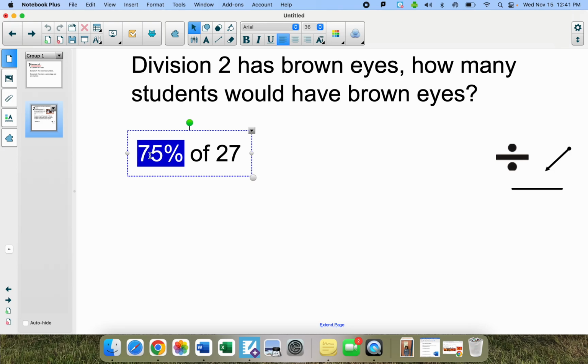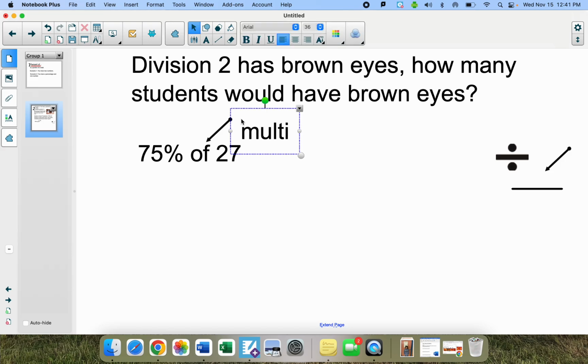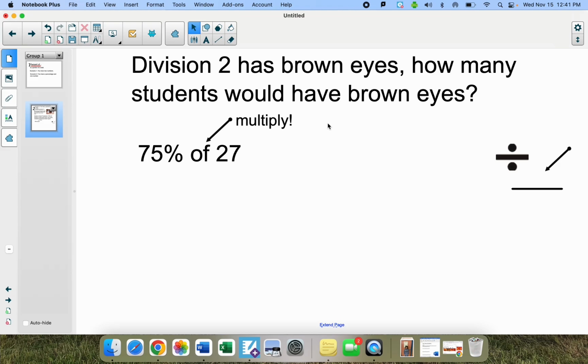You're going to have to turn that into a decimal. Number two, the word of in math means multiply. So I'll just have that as a little side note. So if you think you know how to do it, and now I've given you enough clues, you go ahead. You can hit pause and then watch the solution.